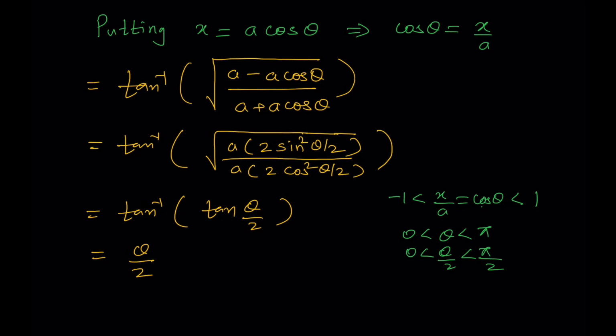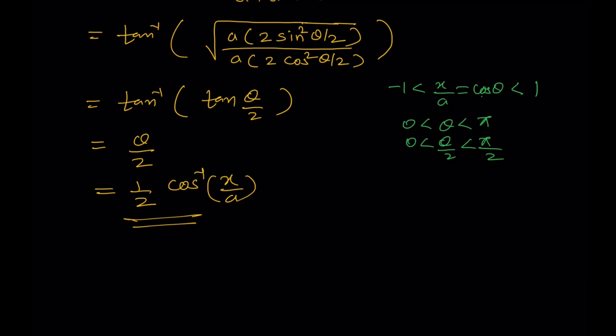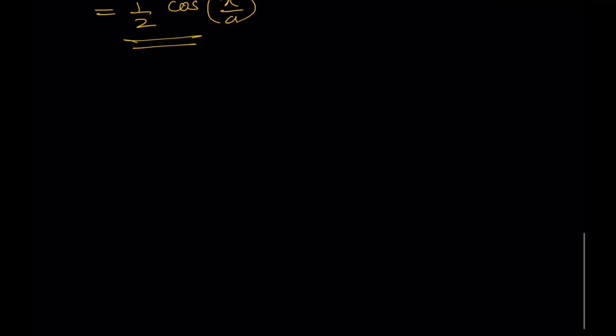But again, the final answer should be in terms of x and a. So this is half into theta. What is theta here? Cos theta is x by a, so theta will be cos inverse of x upon a. So this is the simplified form, half into cos inverse of x by a.